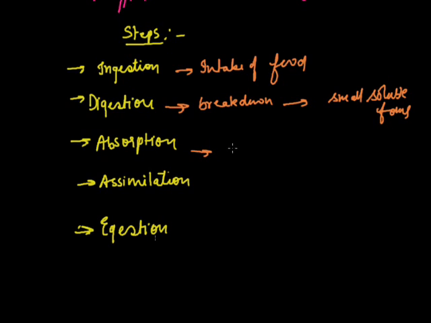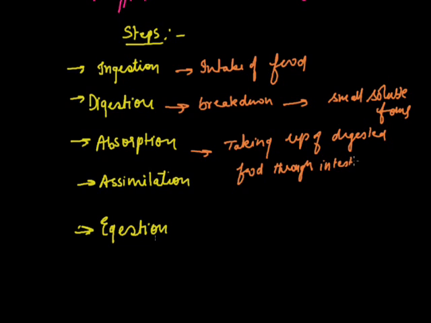That is called absorption. So, in brief, we can write it is the taking up of digested food through the wall of the intestine to the blood, and the blood will be carrying it to the body tissues.